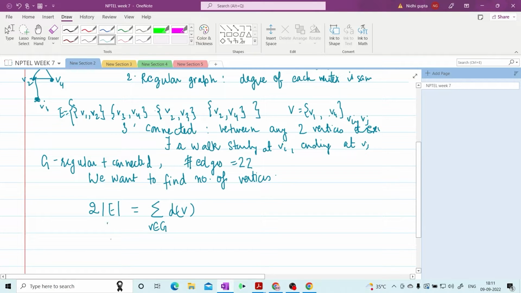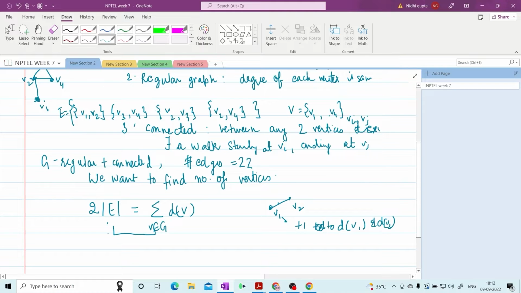This is straightforward, because given any edge v1 v2, each edge contributes 2 to the right-hand side, since it adds 1 to the degree of v1 and 1 to the degree of v2. So any edge in a graph contributes 2 to the total degree. Therefore, this is the equality.